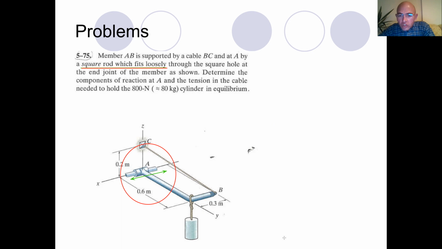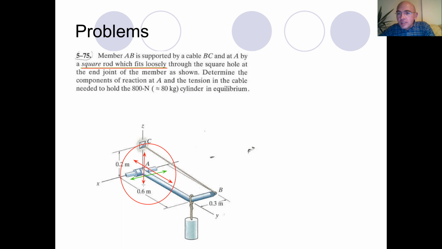How about the other directions? For example, Y direction. Can the joint A move in Y direction? No, it is prohibited because the joint A cannot move, restricts the motion in Y direction. Identically, the motion in Z direction is also restricted.